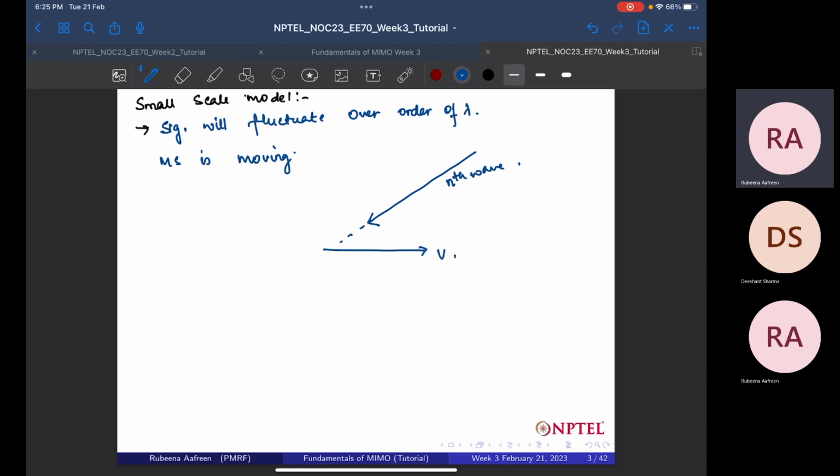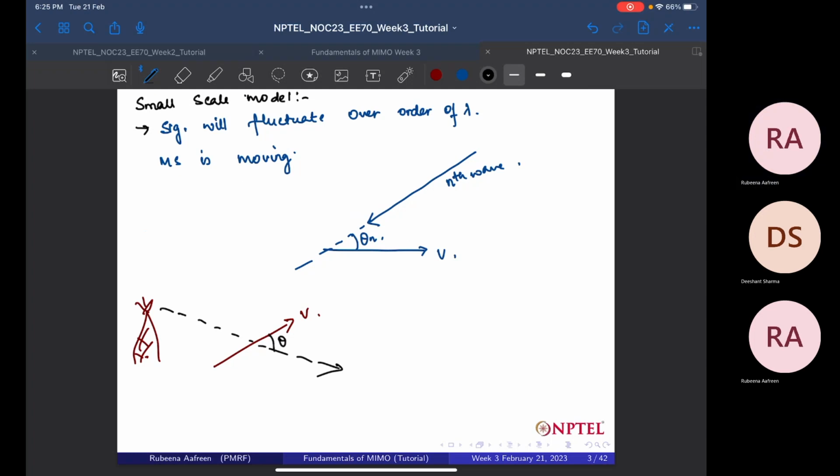For Doppler, we will always consider the angle between the incoming wave and the velocity of the mobile station. Now suppose the mobile station does not always go in a straight path. Suppose it is moving in this way, we have some antenna, and the incoming wave is in this path. So what will be the angle? The angle will be this.